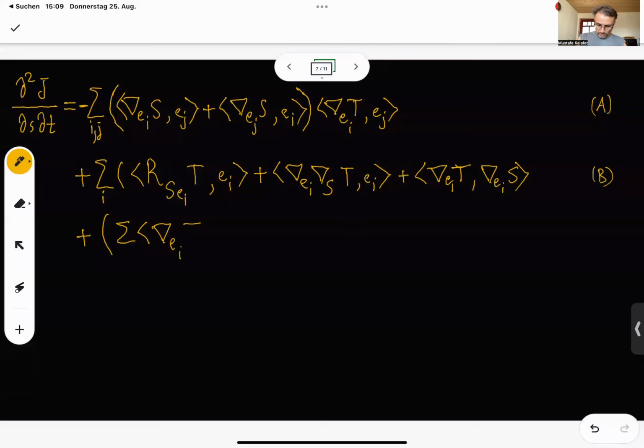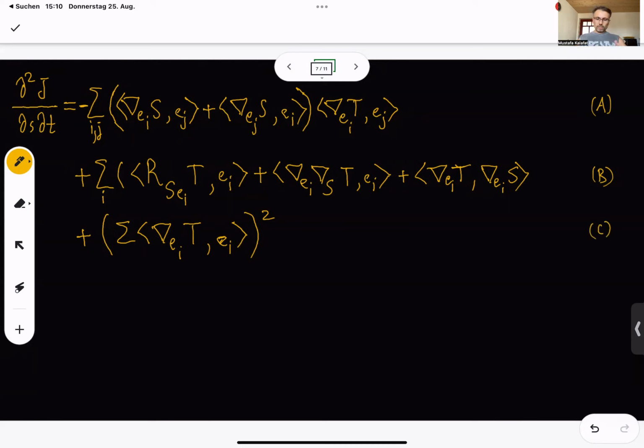So that was nabla EI T EI, you can just write a square, maybe looks better. All right. Okay, so let's call it C maybe.